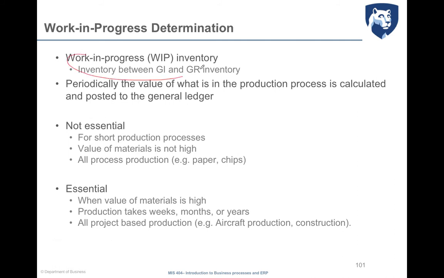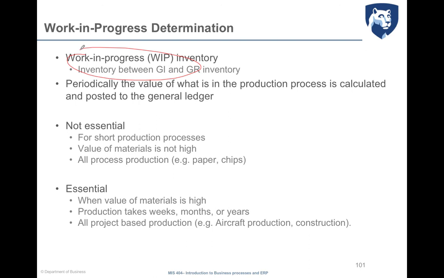So whenever the materials are in the process of being transformed into the final product, we have a temporary inventory of work in process. Of course, work in process is not a significant issue if the production process is relatively fast, so if the work in process remains in this state for a short period of time. This is the case of processes like paper production, semiconductors, but also bikes, but also cars.